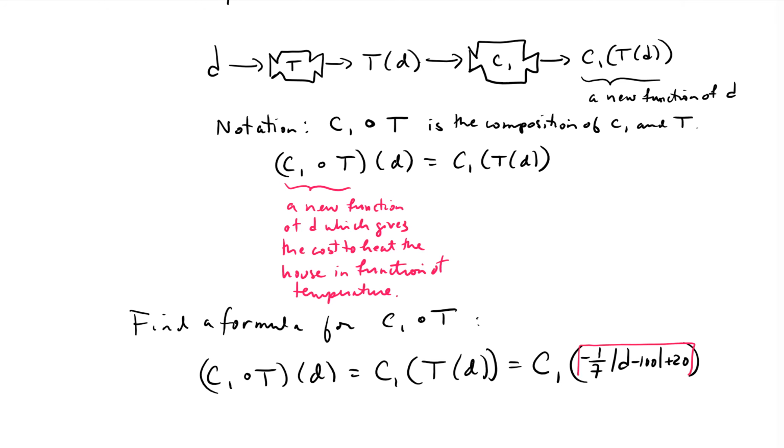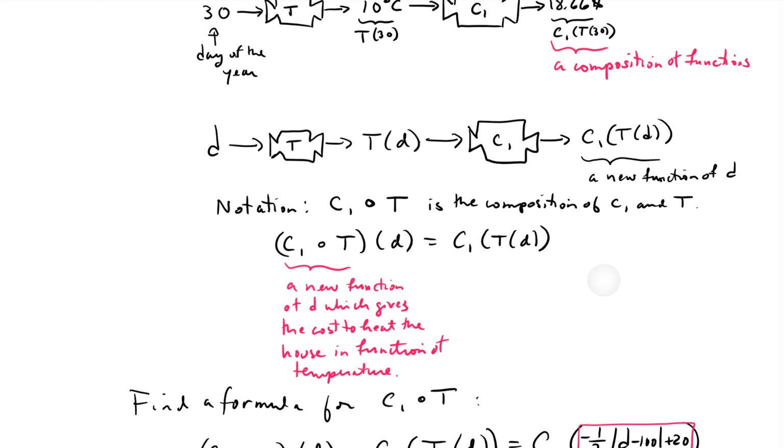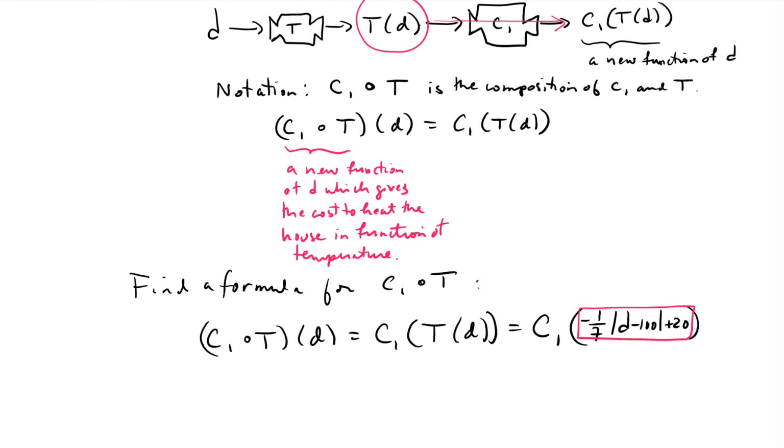It becomes the input to the new function c1, right? So right now we've got this t of d, and we're going to feed that into c1 to get the output. Now what's c1? Remember, if I have a temperature, because that's a temperature here, the average temperature on that day, c1 of t, if we're given a temperature, we've got the formula.